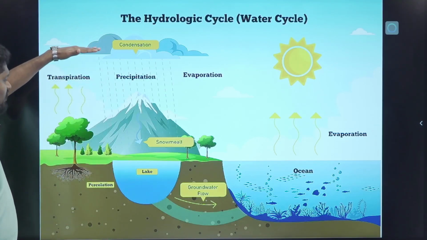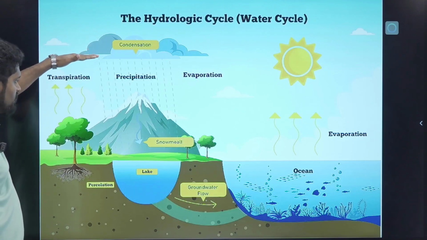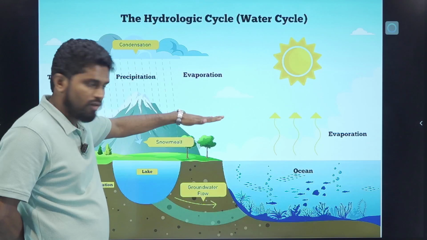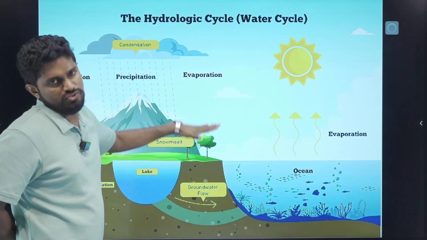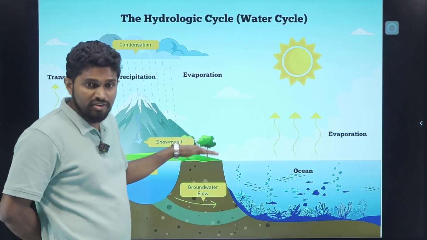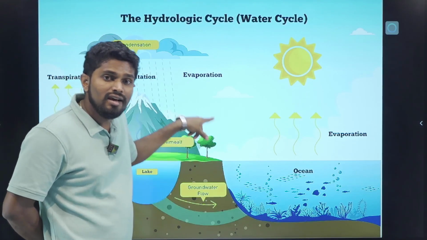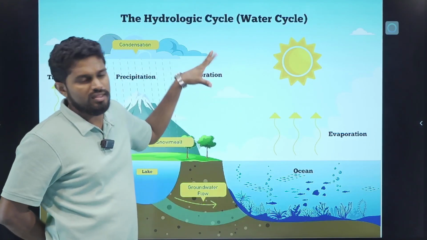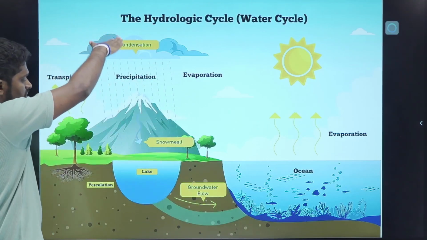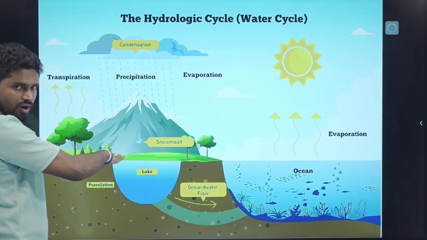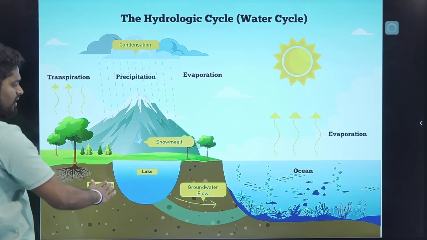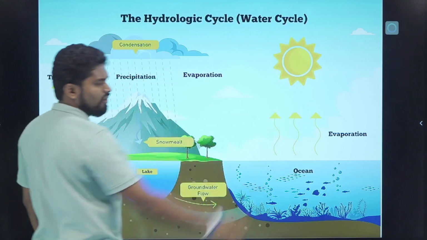After rain, the rain is coming to the top of the tree leaves, and from the leaves it evaporates again. Normally the process should be like this: it comes to the ground level, evaporates, or infiltration, percolation, adding into the ocean.